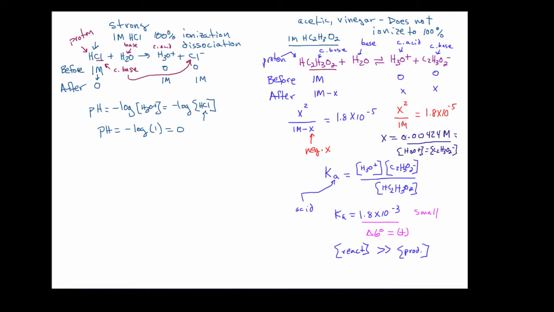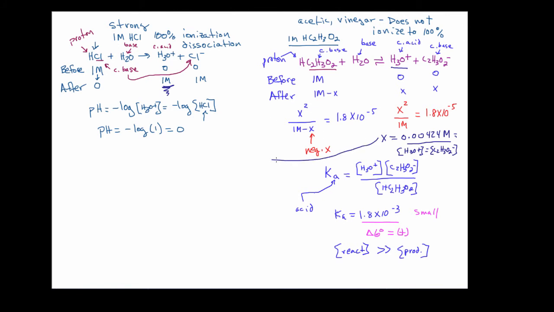Now notice out of the gate here that 0.00424 molar is way less than 1 molar, which is what we had over here with the strong acid, because it ionizes to 100%. So the amount of hydronium, or H3O plus, that we're forming in this reaction is significantly less than what you see with the strong acid.